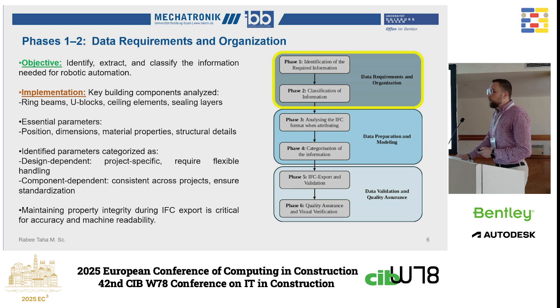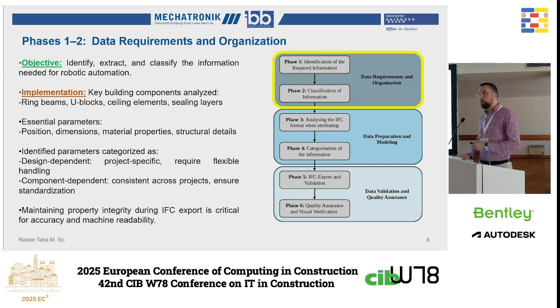So diving into the first 2 phases, data requirements and organization, the objective was to identify, extract, and classify the information we needed to achieve this automation in the execution. The way we implemented that is by analyzing the most key components for our use case, which in this case were ring beams, U-blocks, the wooden ceiling elements, and ceiling layers.